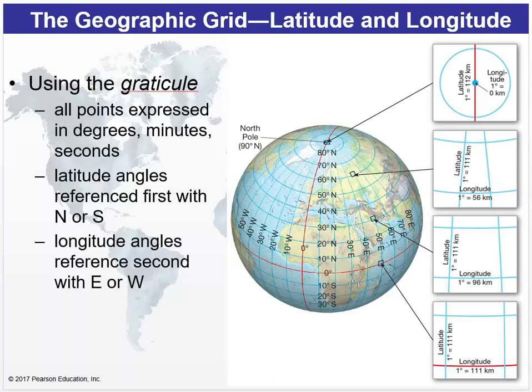And in order to do that, we're going to need to learn the basics of latitude and longitude. This geographic grid, or what is known as the reticule, is made up of lines of latitude and lines of longitude. Any basic component to geography is going to be understanding the differences between your lines of latitude and lines of longitude.